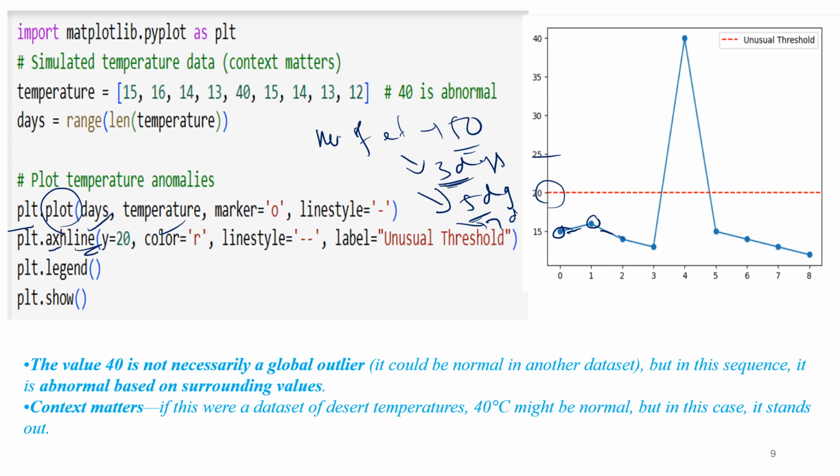So the threshold is marked as a horizontal line, and here the threshold value is 20, but it is varying, and the color is red. This is an unusual threshold, not a standard threshold, so this is called contextual outliers.